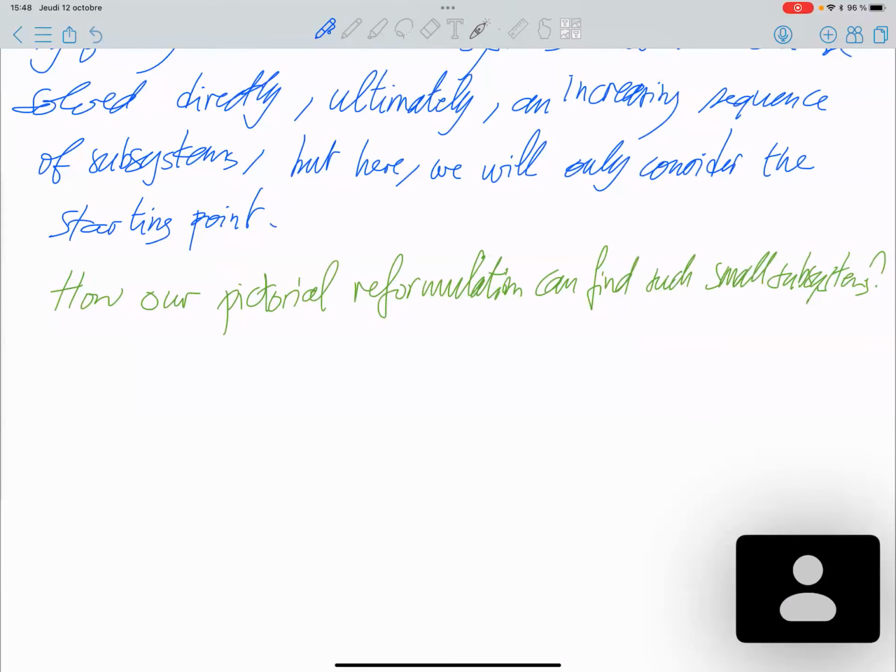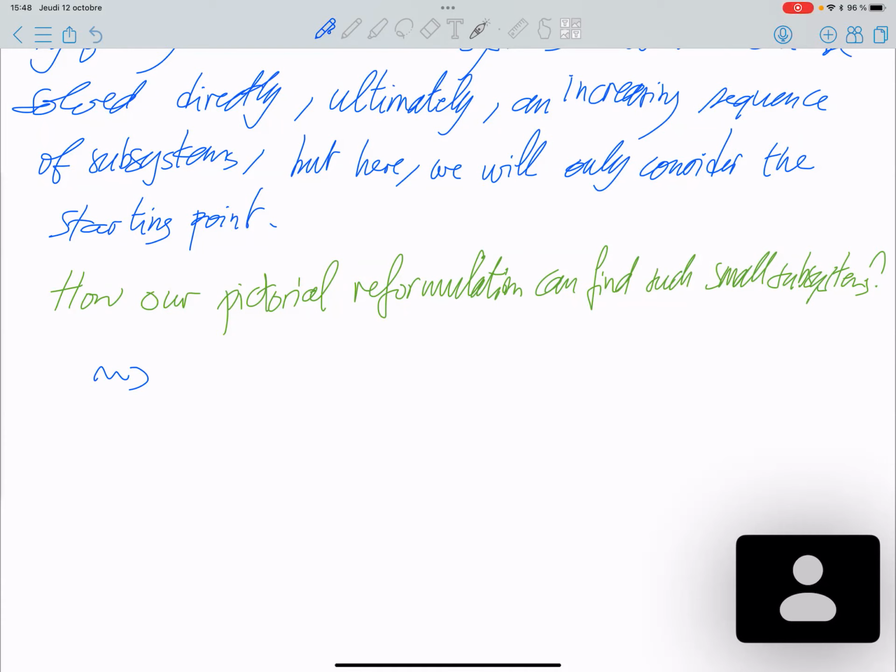And this will be useful for some applications we will mention later. So how can our pictorial reformulation find such small subsystems? The idea is to use symmetries of the pictorial reformulation. We have a picture, and this picture has symmetries.